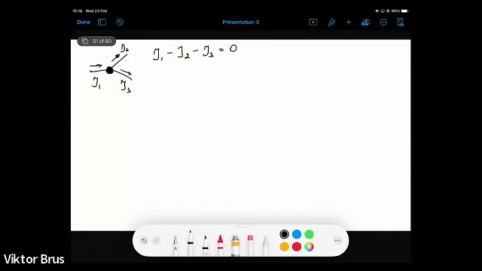So that is, in general form, we can write that the sum via junction for all currents should be equal to 0. So that is the first rule. It comes from the fact that we do not get or lose any charges from nowhere.